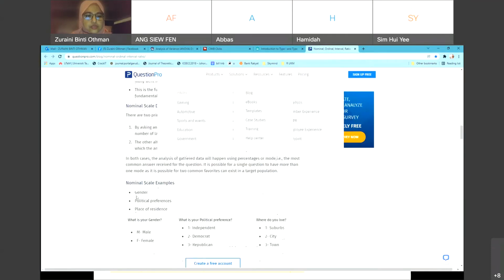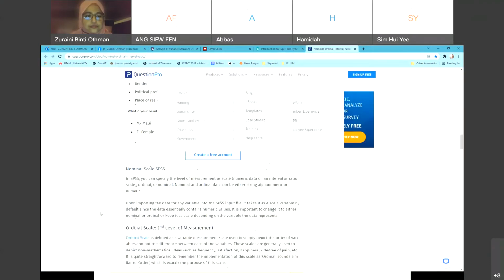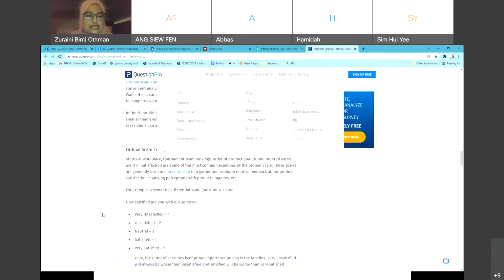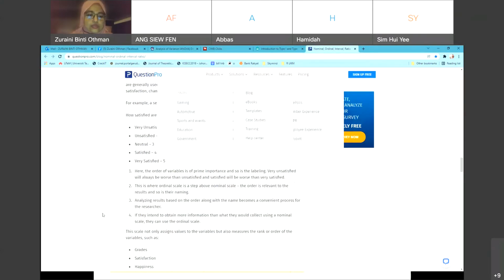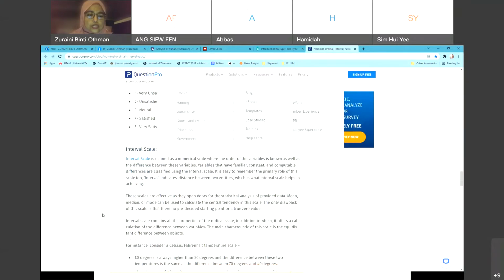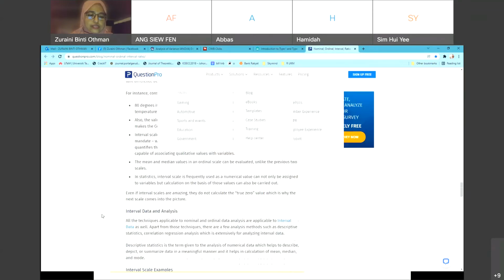This is a nominal scale example: gender, political preference, and place of residence. Then you can go through these notes.